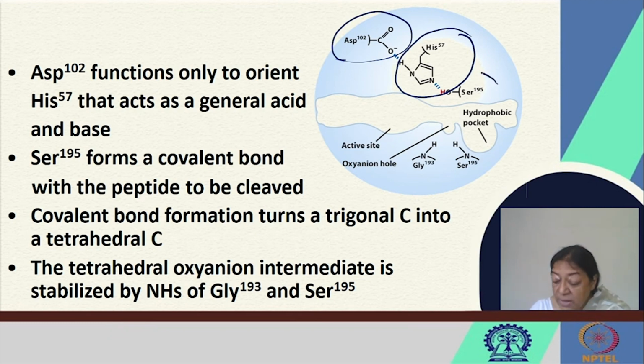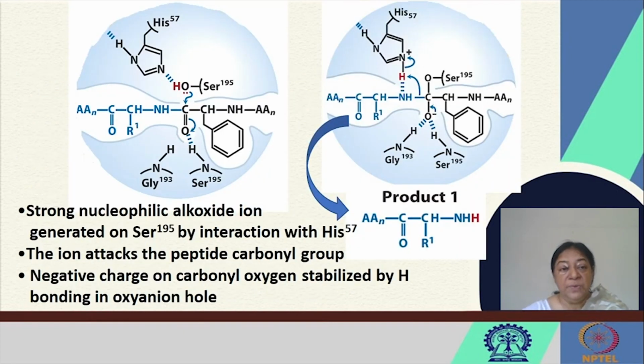The serine 195 is the one that forms the covalent linkage. And in the formation of the covalent linkage, we have the active site, and we have these orientations of the active site residues possible, where we have a stabilization of our molecule.